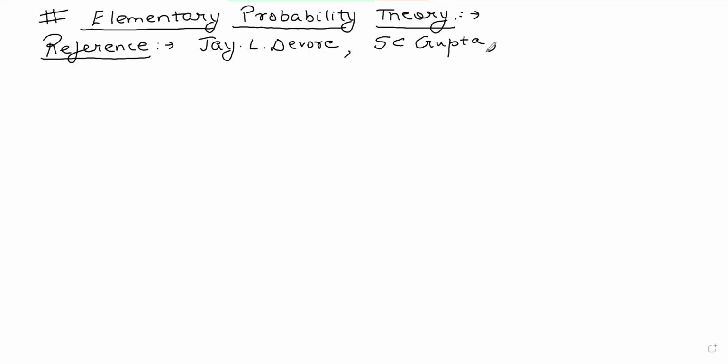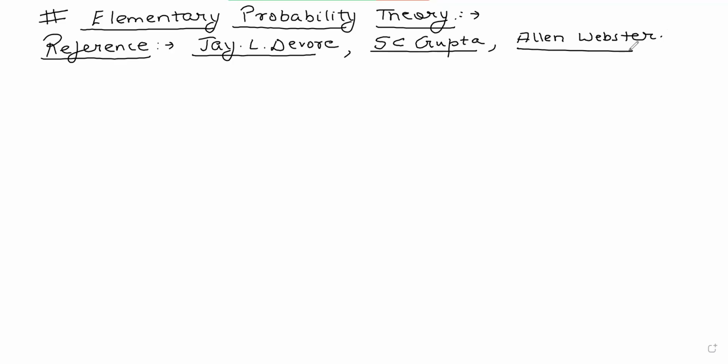And along with this, I also prefer to follow Statistics for Business and Economics by Alan Webster. So I have written down the names of the authors. These books are quite easily available online as well. And I prefer to follow these three books for my lectures in elementary probability theory.